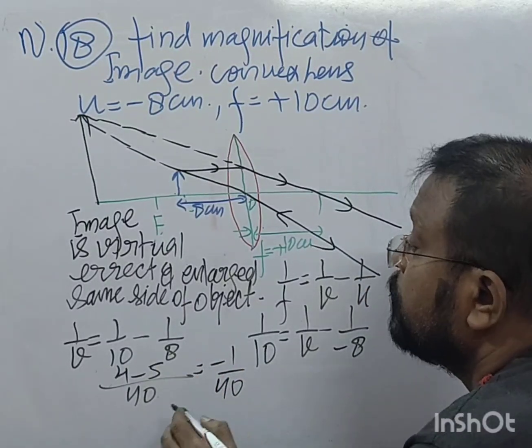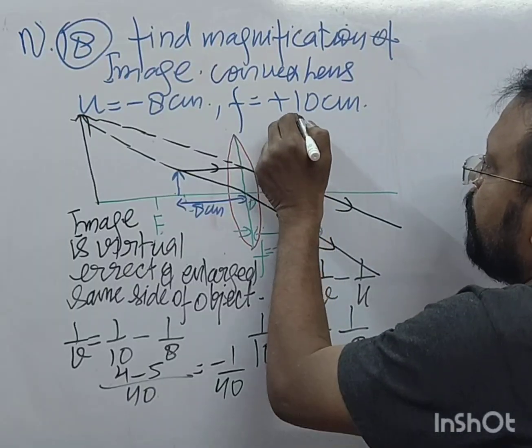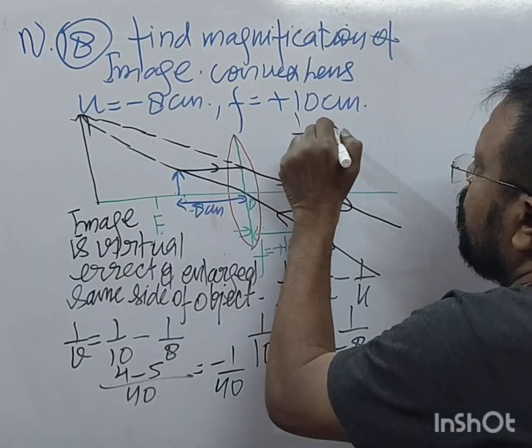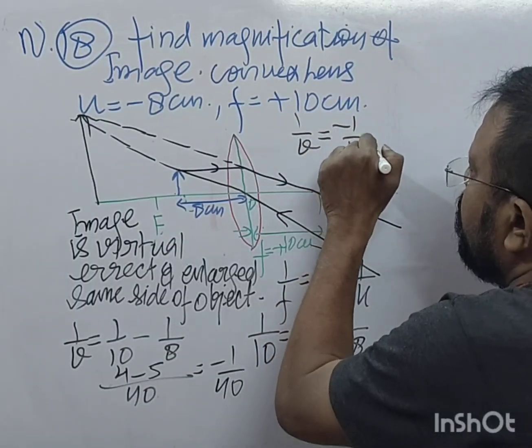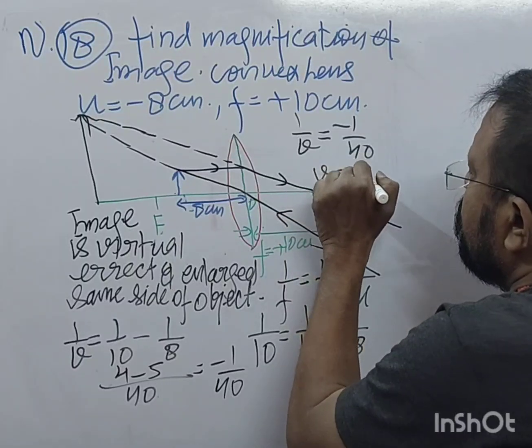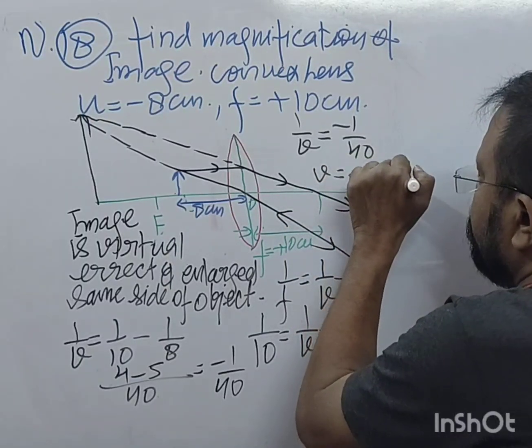So 1 upon v is equal to minus 1 upon 40. So v is equal to minus 40 centimeter.